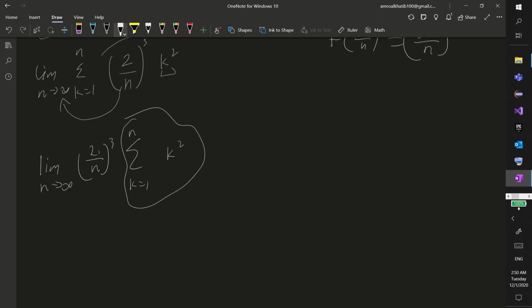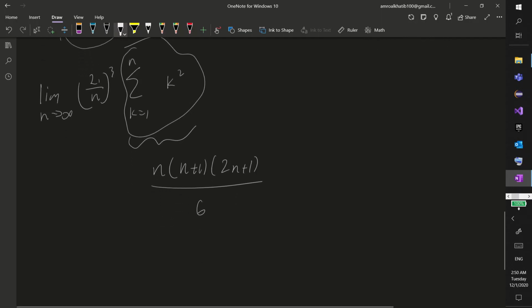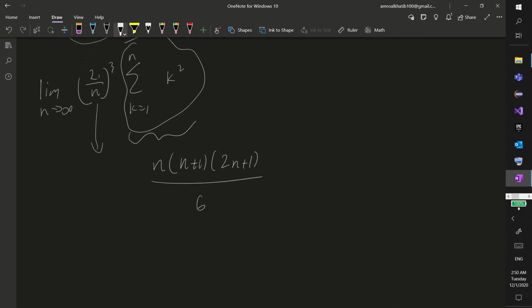Now we know a formula for this. The formula for this is going to be n into n plus 1 into, I believe, 2n plus 1, over 6. And let's just put this over here, cubed, and you have the limit as n goes to infinity.